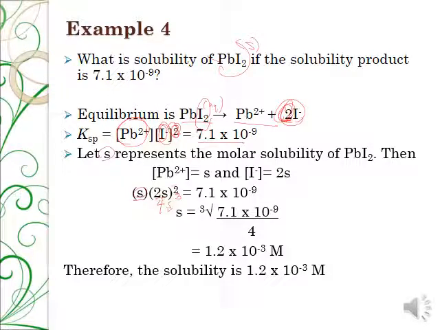So how to solve for S? We take the cube root of the solubility product constant divided by 4. So we get S, which is 1.2 times 10 power negative 3 molar. Therefore the molar solubility is 1.2 times 10 power negative 3 molar.